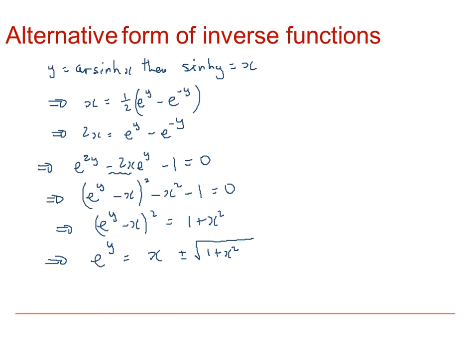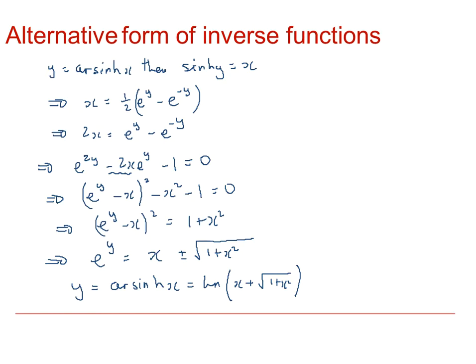Now the inverse of e to the y is a logarithm, so therefore y, and remember y was arsinh x, which is where we started off, must be equal to the natural logarithm of x plus square root of 1 plus x squared. It's not defined for the other root, so we can't have the negative in there.